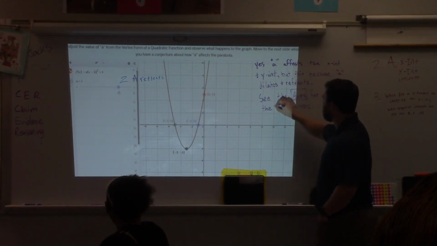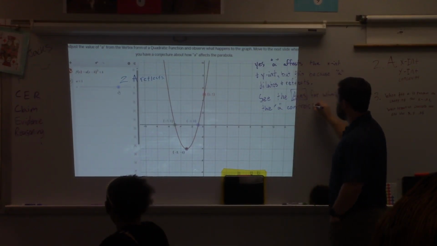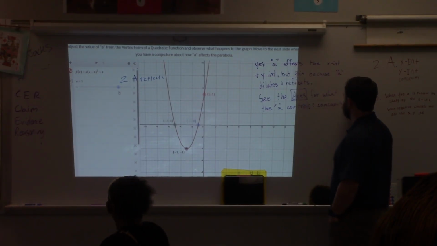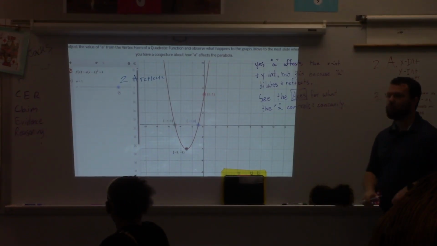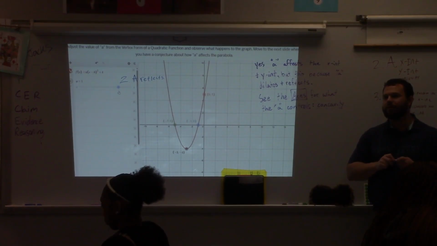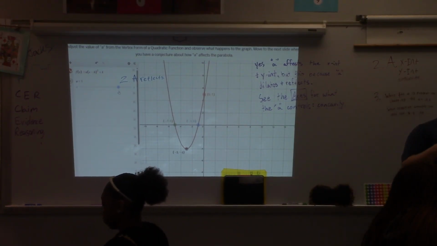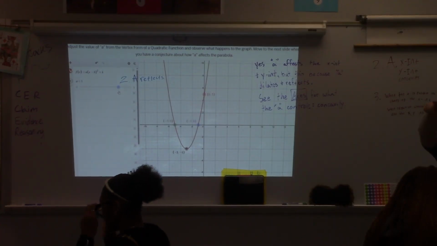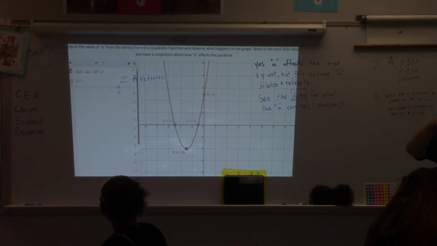What does A control? A controls the concavity. The parabola is concave down when A is negative, and concave up when A is positive. So, Rihanna, can you add right before the word positive, "when A is positive"?